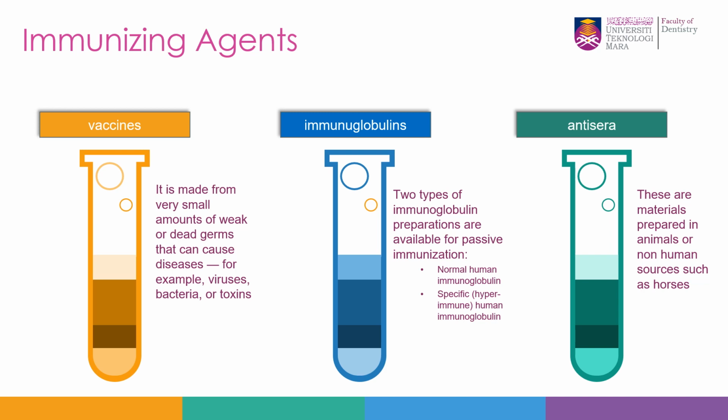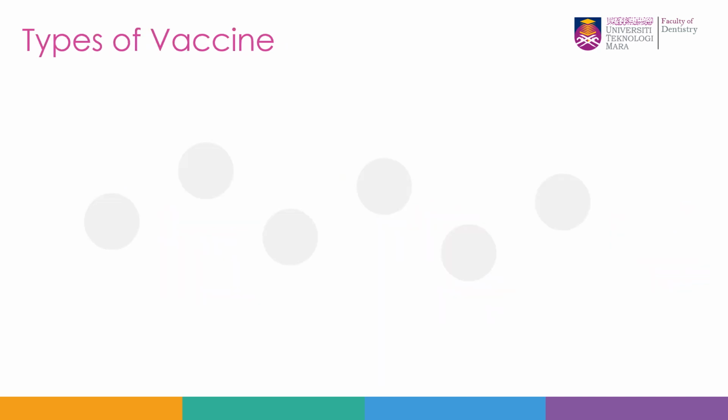So these are the three types of agents. You probably know or have heard of vaccines before, but there are two other options, the immunoglobulins and anti-sera. So be aware that there are three agents available for immunization. The most common one is still the vaccine.